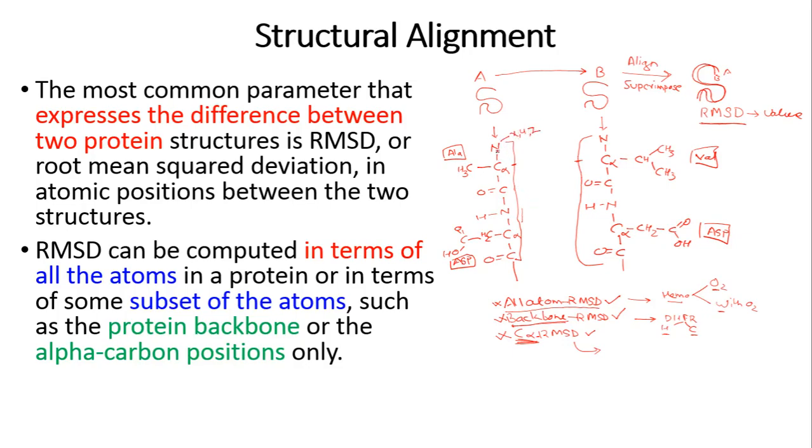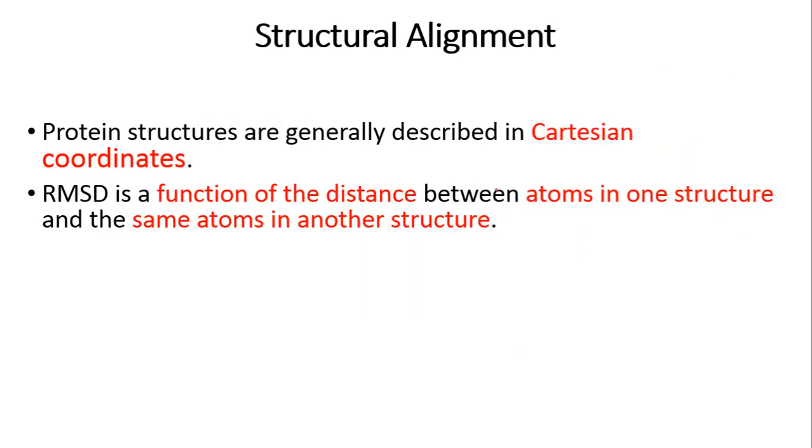So we exactly know where this nitrogen, this C alpha carbon atom, this carbonyl carbon atom, this carbonyl oxygen atom, and after the C alpha carbon atom, this C beta carbon atom is. Okay, so what the exact location is in terms of these x, y and z coordinates, we already know. So those are described in Cartesian coordinates.